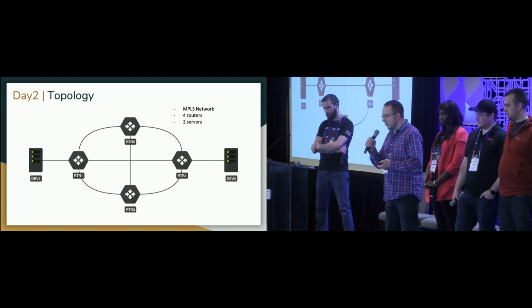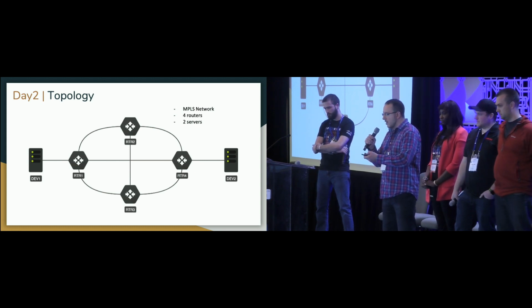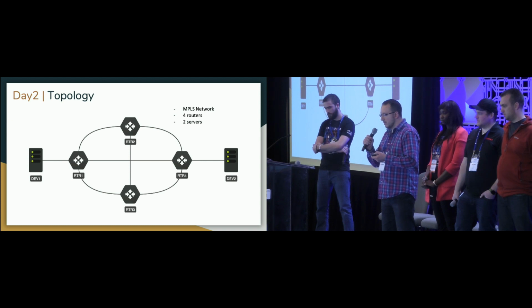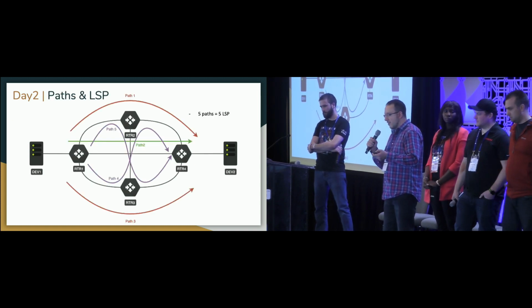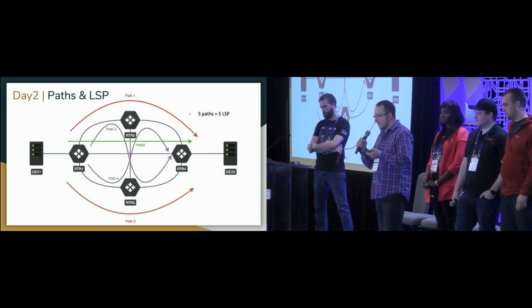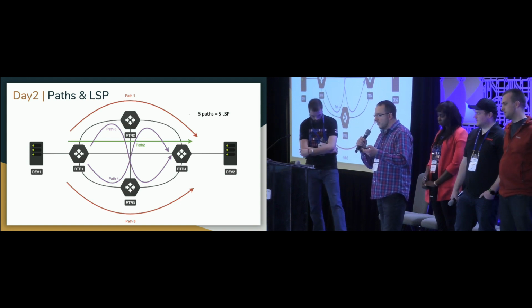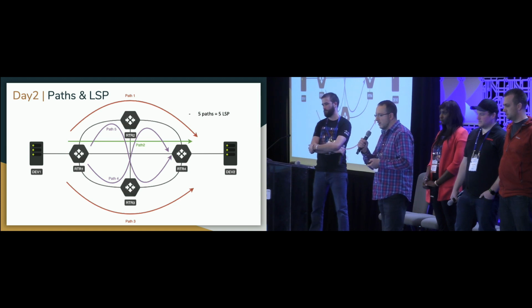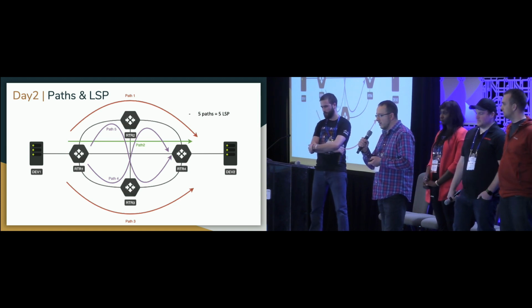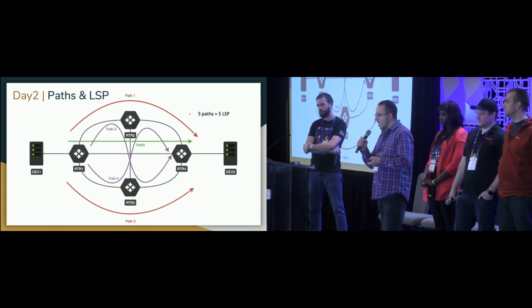So the topology that we have here is 4 routers and 2 hosts, dev 1 and dev 2. Traffic from dev 1 to dev 2 first hits router 1, and from there there are 5 available paths. The most preferred one is path 2, the green path you see on the screen, straight through between R1 and R4.